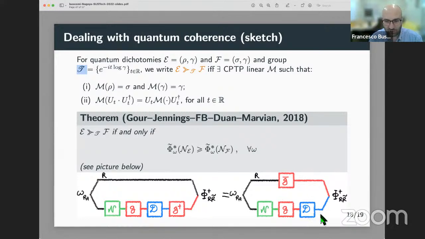You want to synchronize your system here with another reference in a way that it is time invariant. So it has a good physical interpretation, I would say, even though we don't get exactly what people mean by incoherent thermal operations. These are like time-covariant thermal operations, which I think is best, but other people disagree.